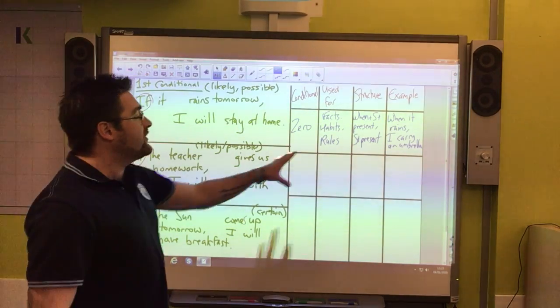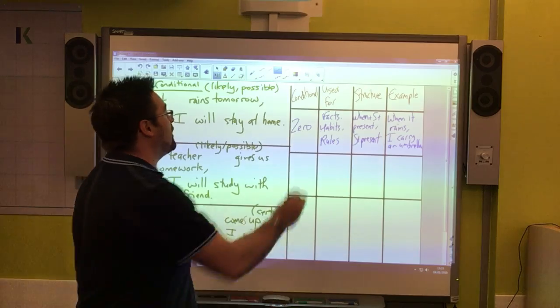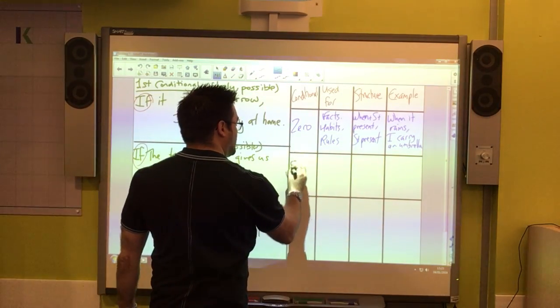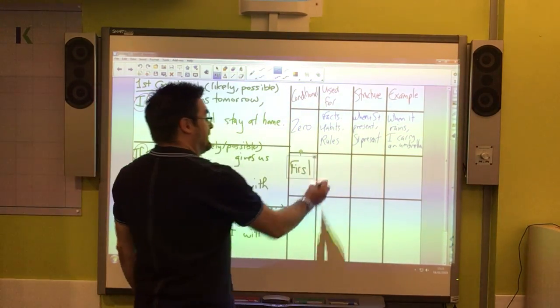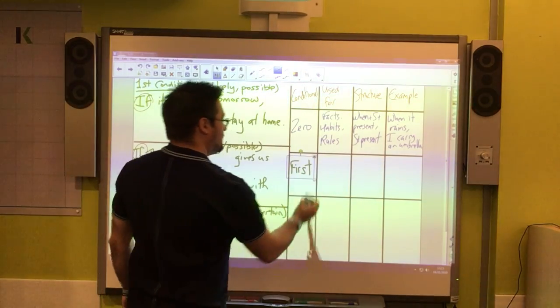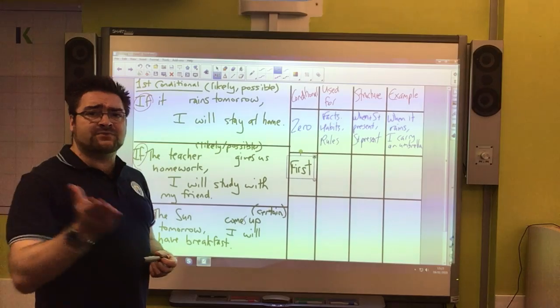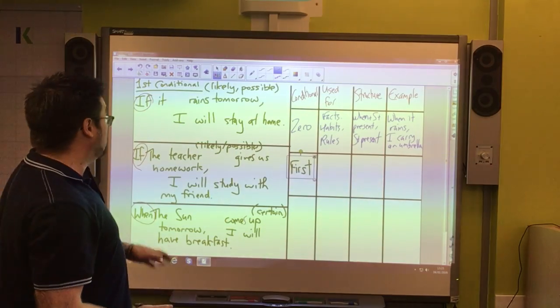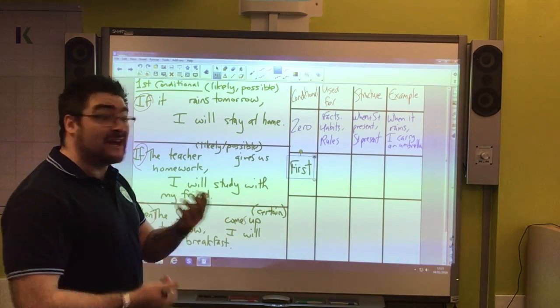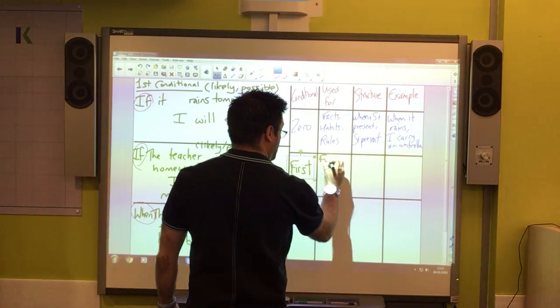So let's have a look over here and let's add to our table. So we are now talking about the first conditional. What is it used for? Past, present, or future? Well, we've got the word will, so we can say that it's for the future.